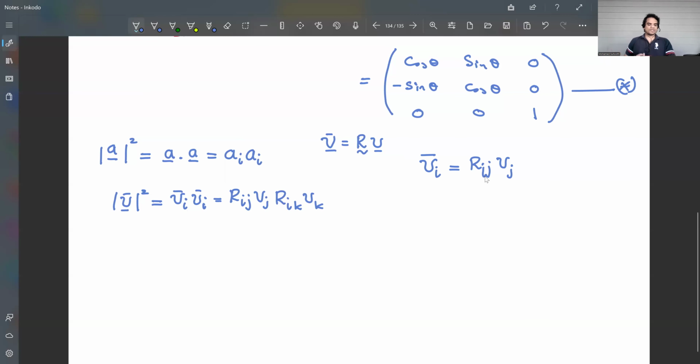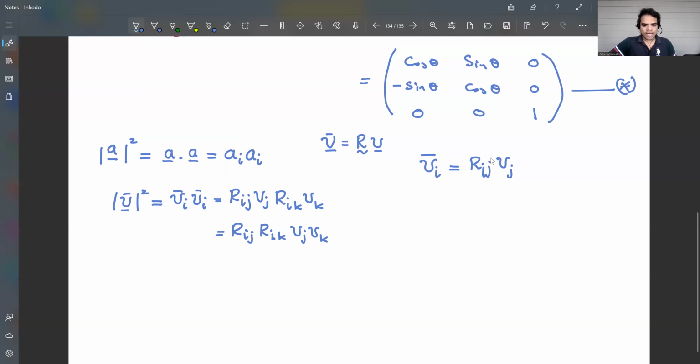I hope you don't have any problem here. Now, since these are just numbers, I can rearrange the terms and combine R_ij and R_ik, then V_j V_k.